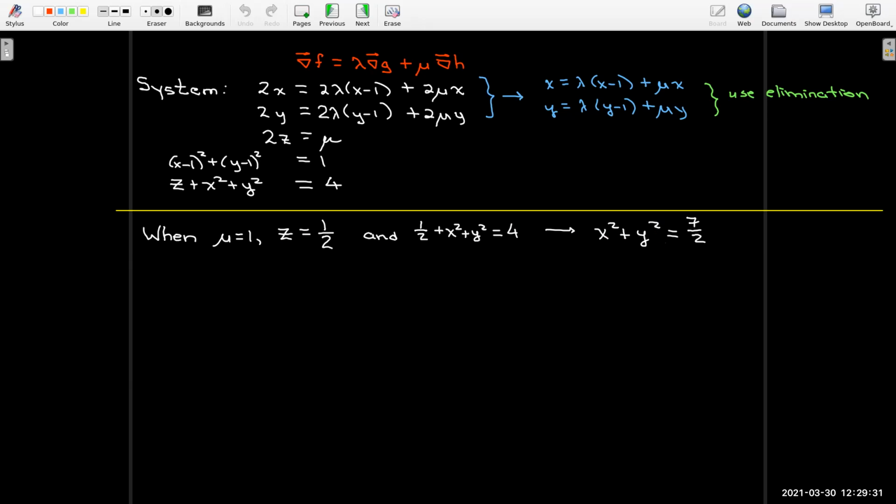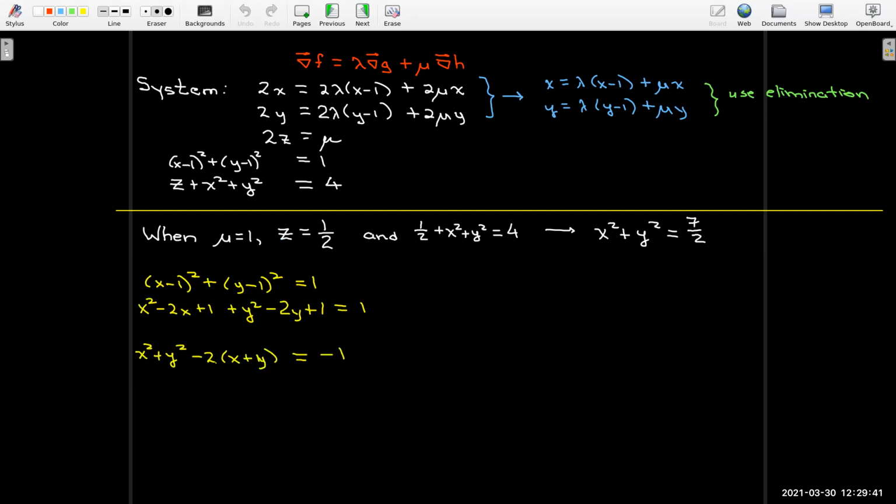Well, how does that help me? Well, if I expand my equation for the cylinder and collect like terms, I can put the x squared plus y squared together, then I'll have the linear term, and then I'm going to set that equal to -1, right?